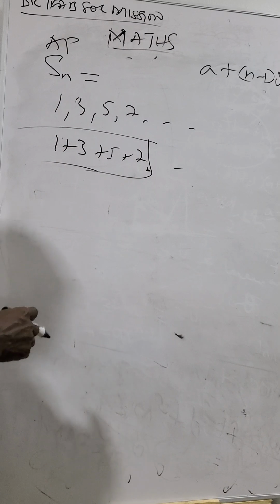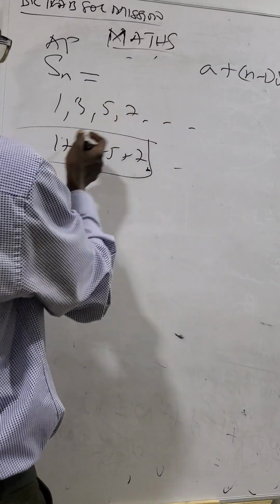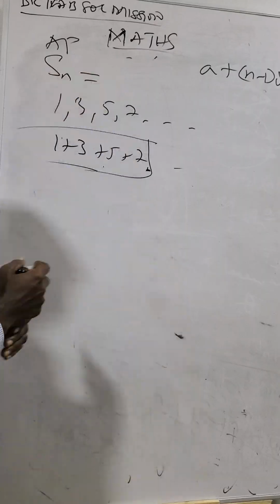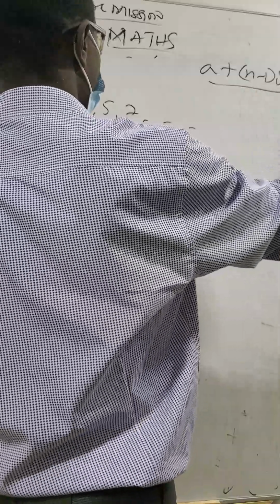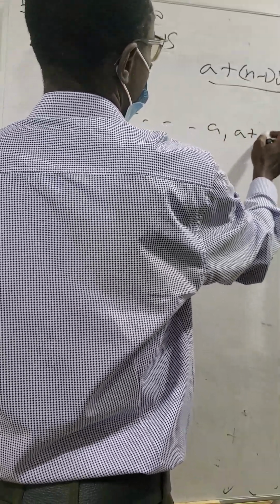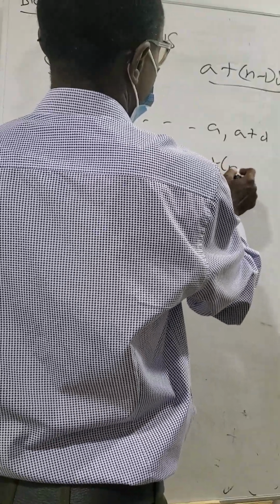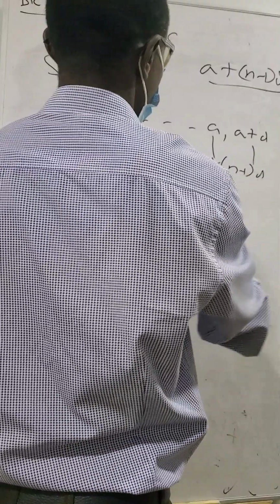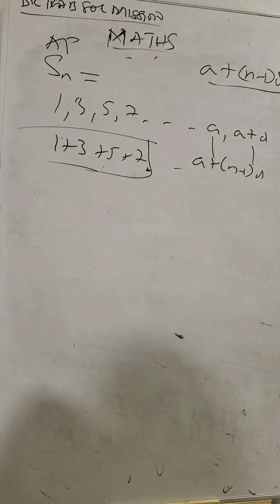Okay, and then we can have an example. You can have this expression, and then have this. If you add them, you can assume this is one of the numbers. If you write them in that order, let's say a plus d and so on, and then you have the other one, a plus n minus 1 d, and you keep adding them, so that you come out to the same formula, which gives you an answer in this form.